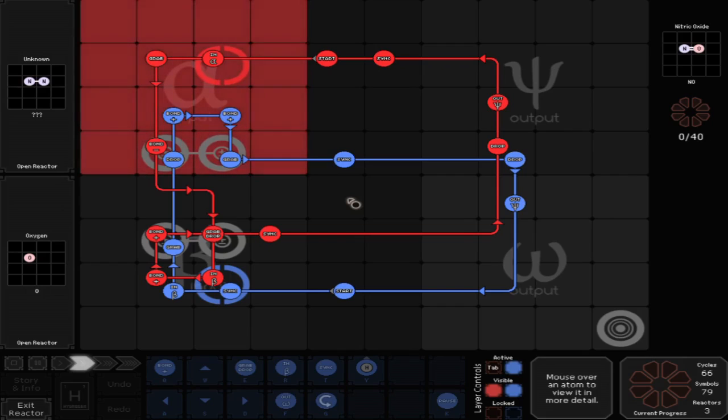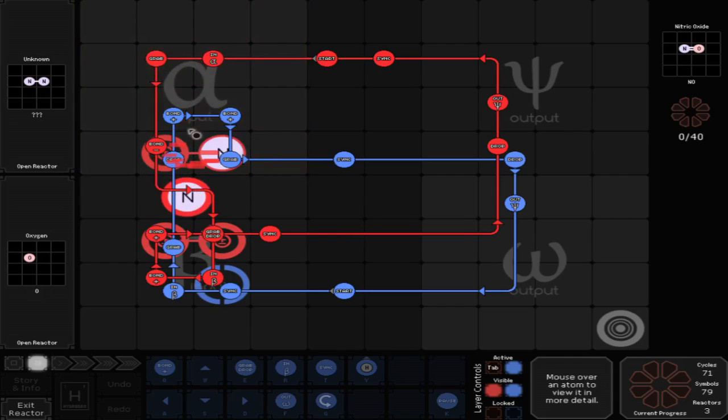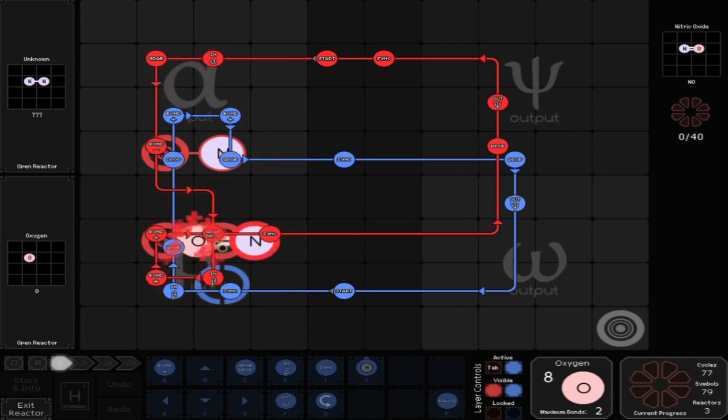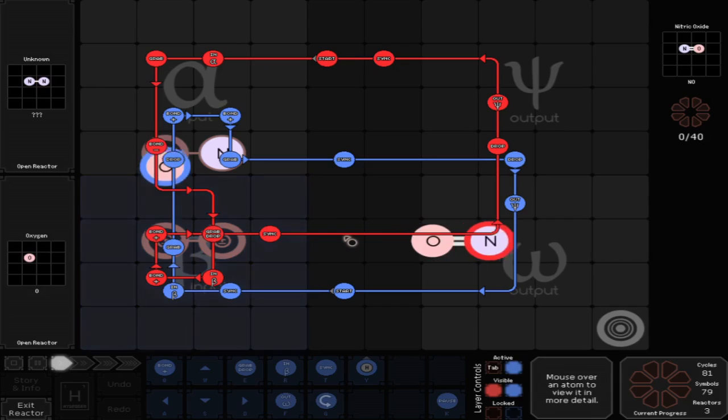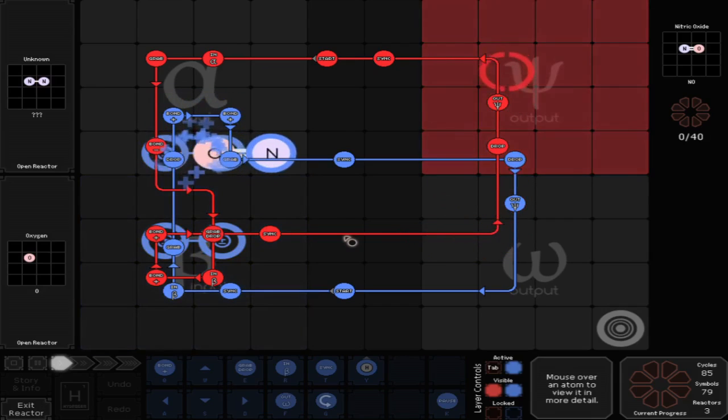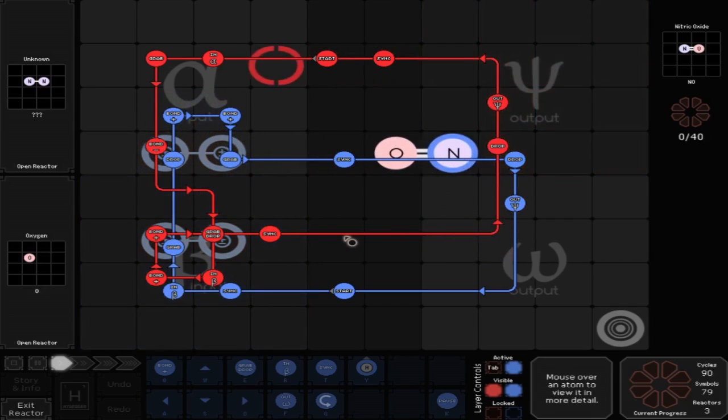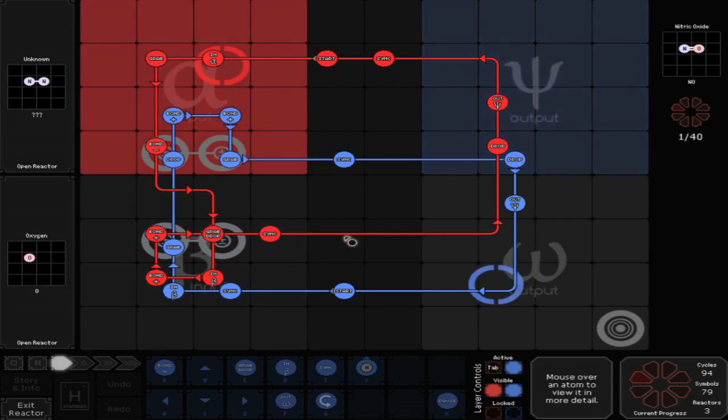Anytime now. Alright, there we go. So, yeah, red cut the bond. Oxygen was already ready, and oh, this works so beautifully. Look at that.